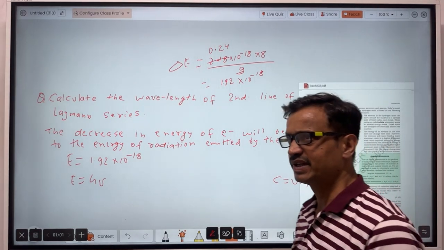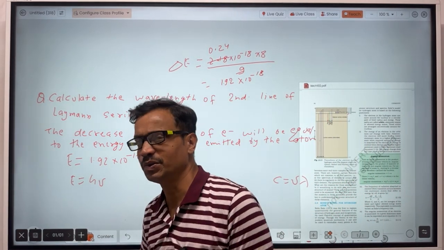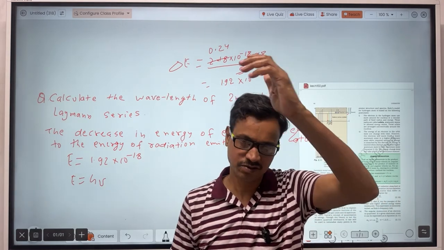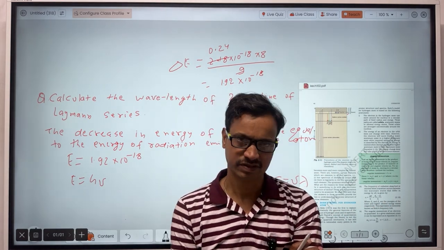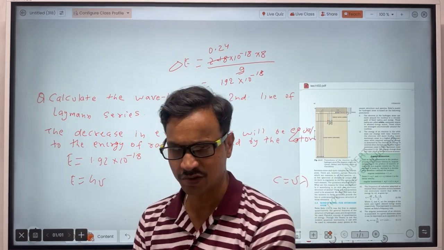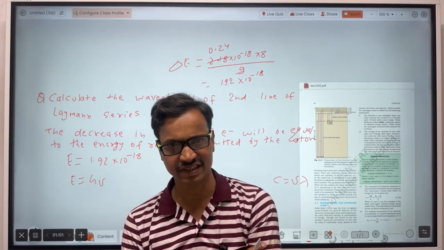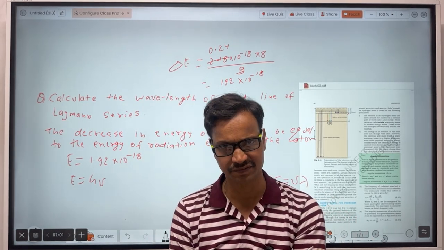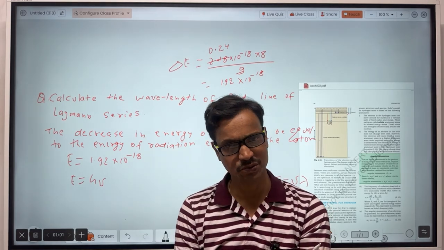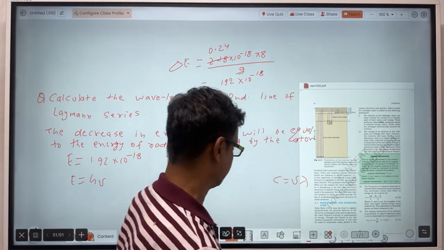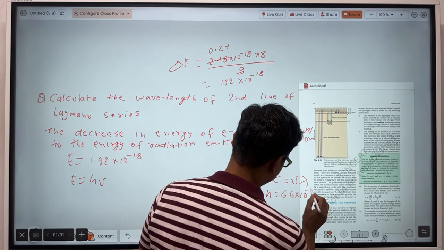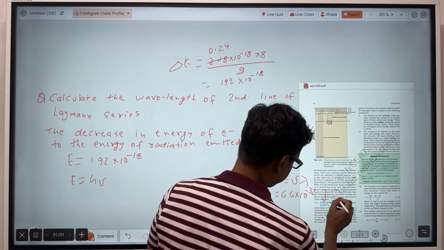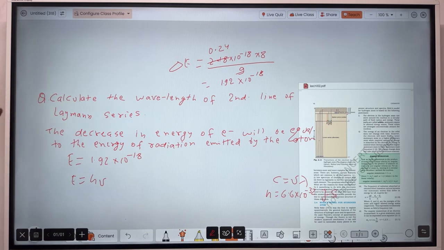Another formula is E equal to h nu. h is called Planck's constant and nu is the frequency of radiation, and the value of Planck's constant is 6.6 into 10 to the power minus 34 joule second.